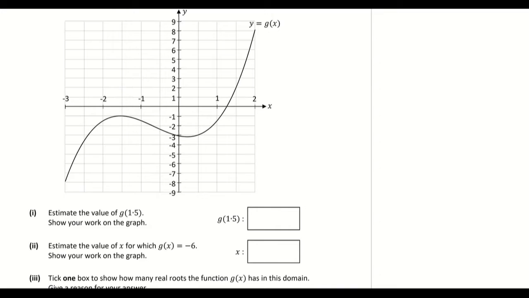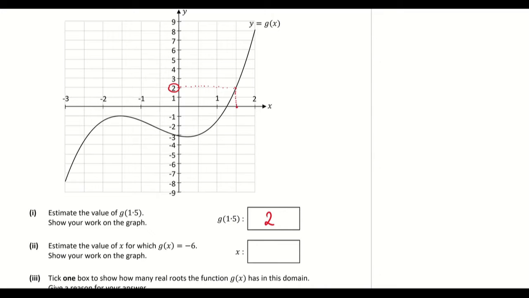So g of 1.5, so that's basically g of x. So 1.5 would be, let me find it. So this is 1.5. I draw my line up, come across to my y-axis, which is giving me a value of 2. So g of 1.5 is 2.